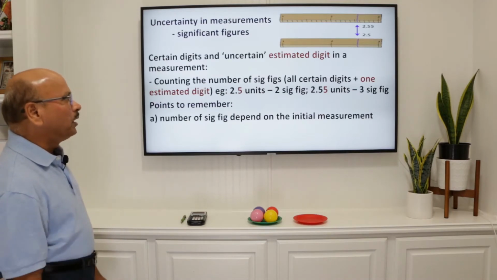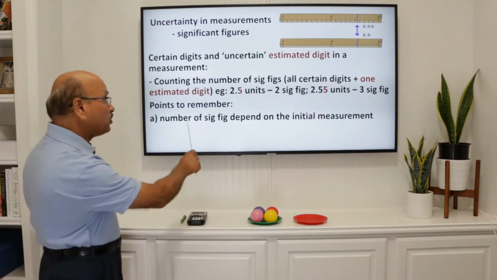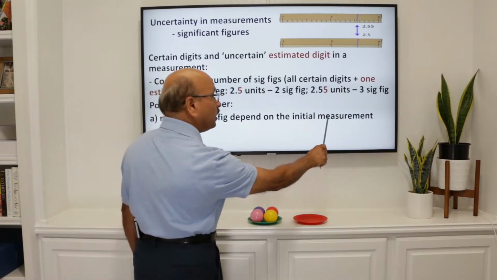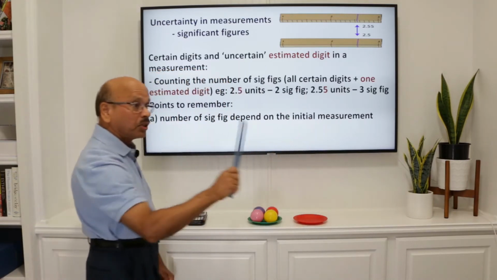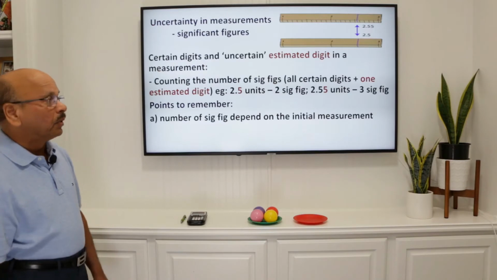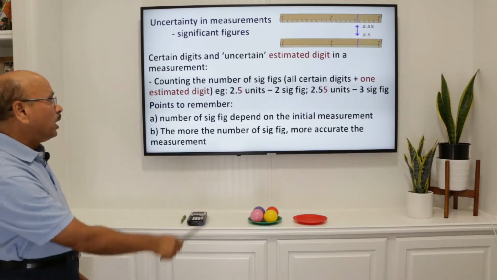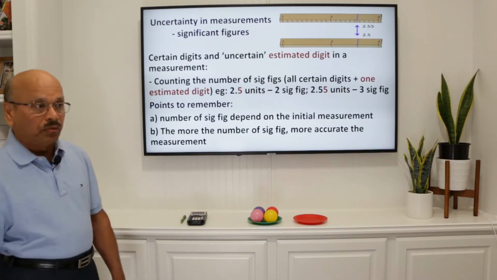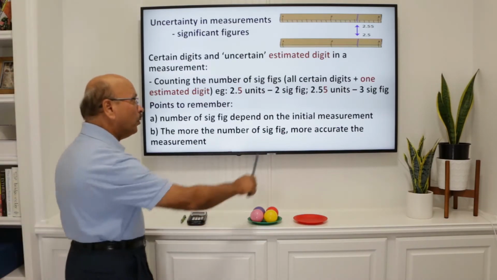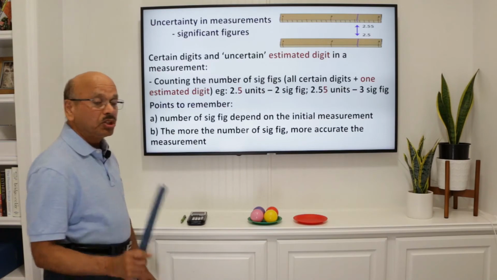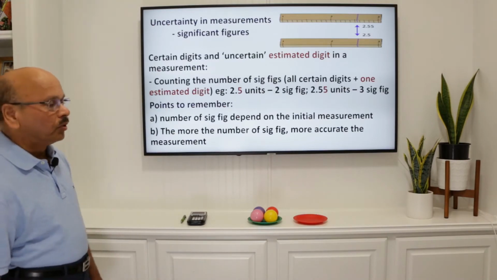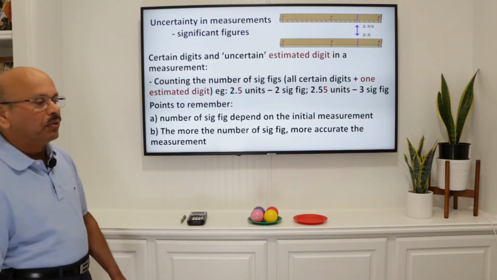The points to remember are that the number of significant figures depends upon the initial measurement of that quantity, and the more significant figures in a measurement, the more accurate the measurement is. Keep this in mind when you are dealing with significant figures.